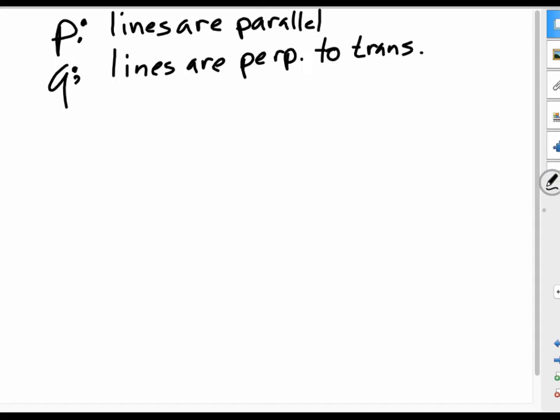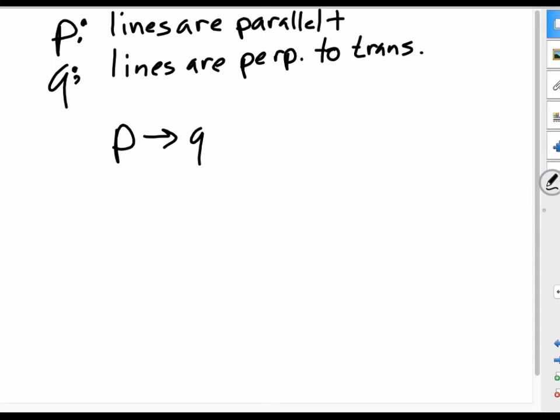Okay? So P implies Q. What does that say? If the lines are parallel, then the lines are perpendicular to the same transversal, right?